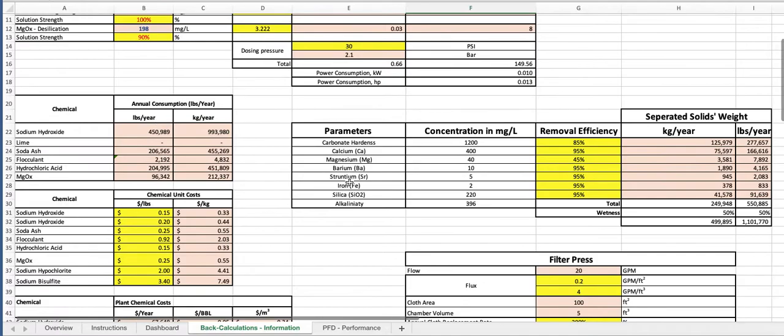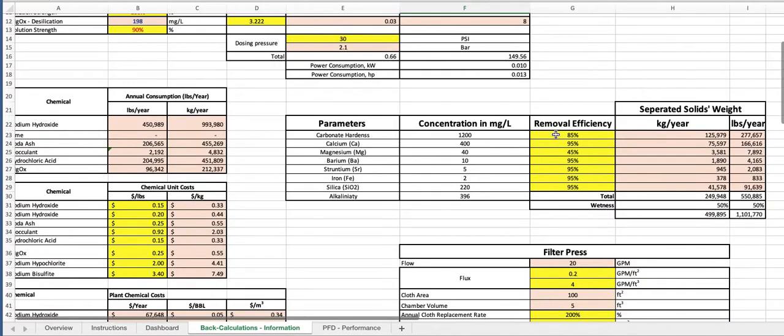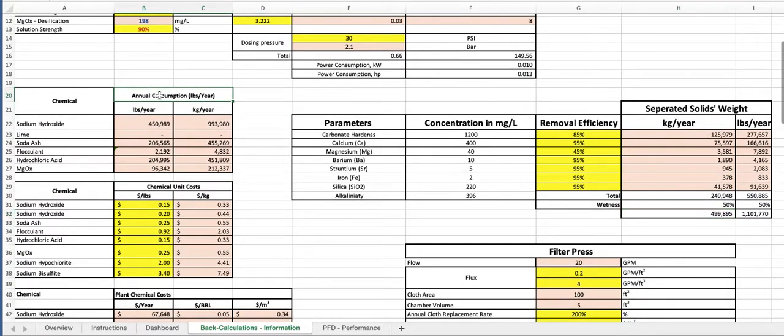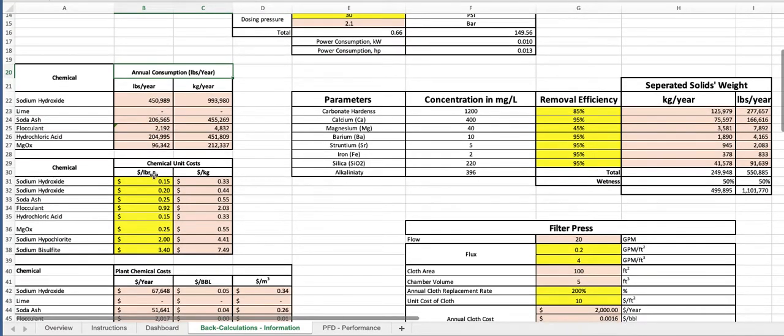It also takes into consideration some removal efficiencies of different components that are in the water and provides you with the actual amount of solid to be expected, as well as the annual rate of consumption for chemicals.